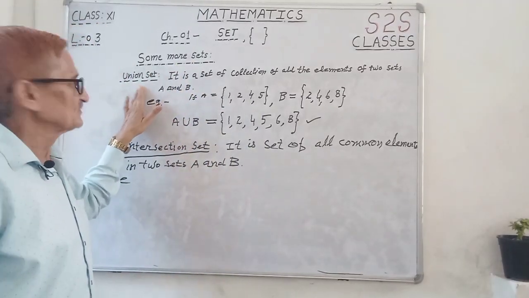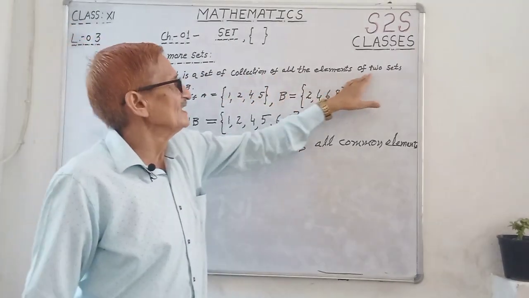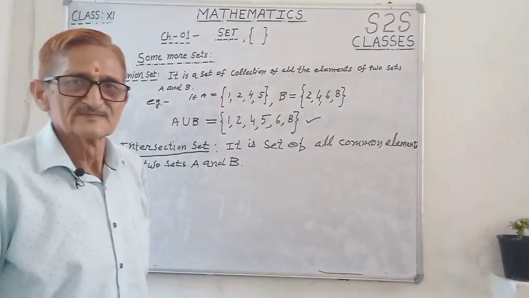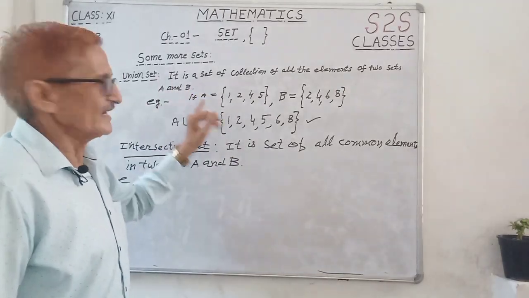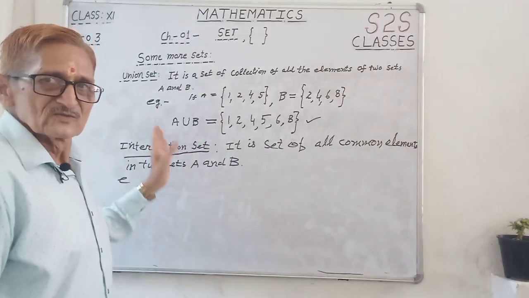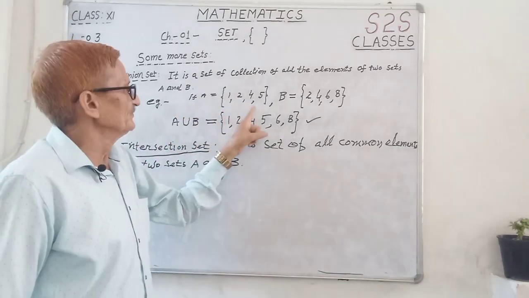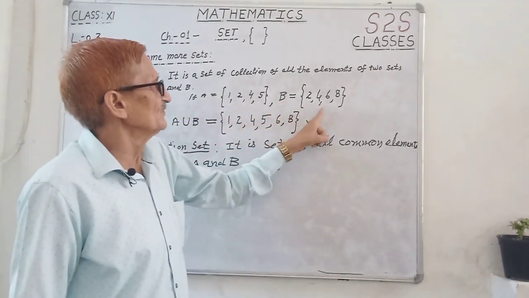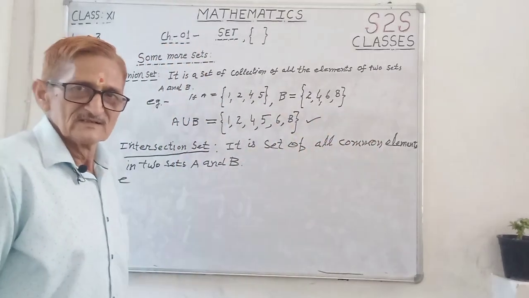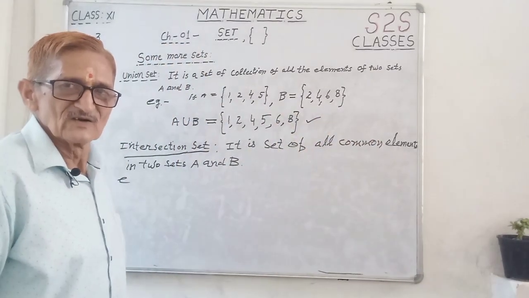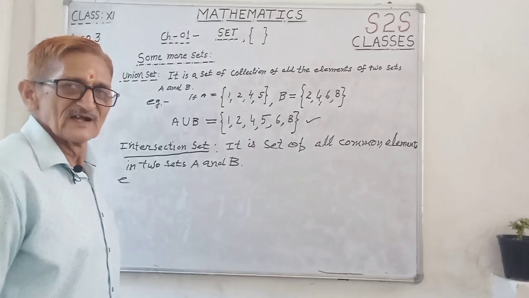It is a set of collection of all the elements of two sets A and B. Example, if set A equal 1 2 4 5, set B equal 2 4 6 8, then their union is always a set.